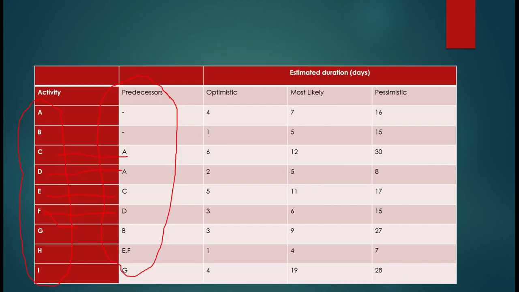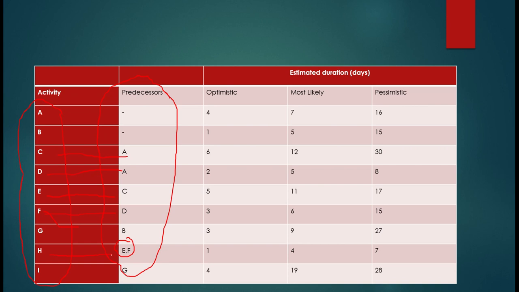Okay, so one thing you have to see, when you make a network, already see which two or three activities have to end together. For example, E and F. E and F are the preceding activities of H. It means we have to end E and F all together. I can do it right now also, but then I have to erase my network and make it again.